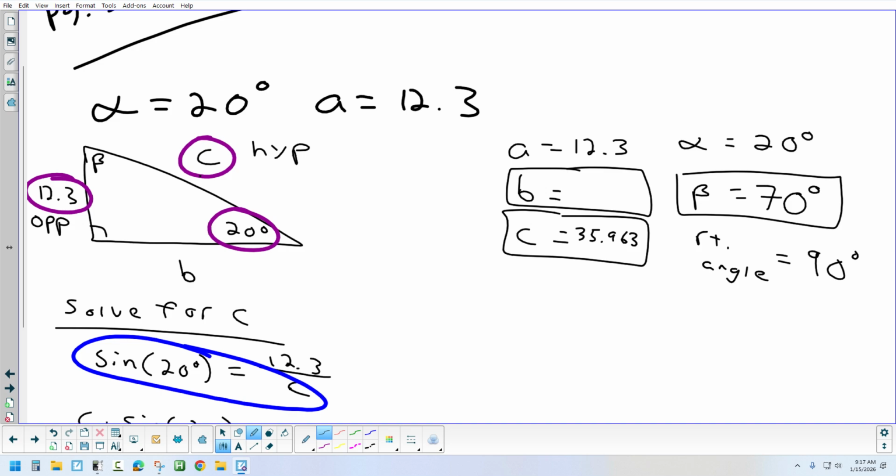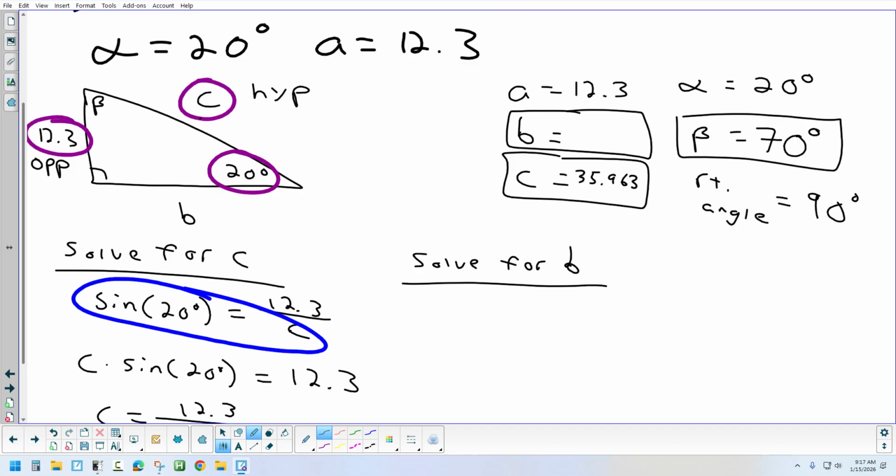All right, and let's finish up with B. Can anybody tell me which trig function I'm going to use to find B? Yep. And can you set up the equation for me with tangent? Yep. 12.3 over B. So if we use the same trick I just had before, B equals 12.3 over tan 20.